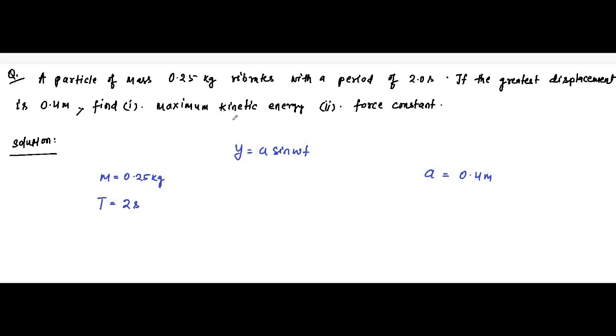We have to determine the maximum kinetic energy. For determining the maximum kinetic energy, as per this relationship, 1/2 m v_max², we have to calculate v_max. v_max, as we all know, for SHM is equal to ωA. Omega is not given, so we have to calculate it.